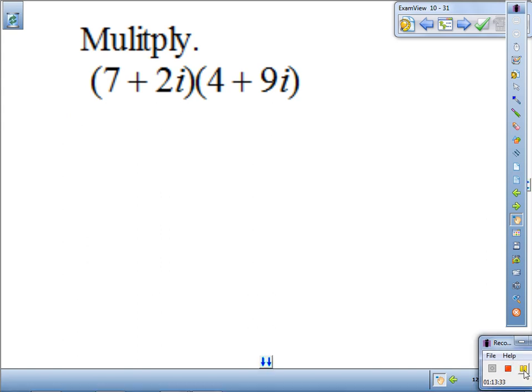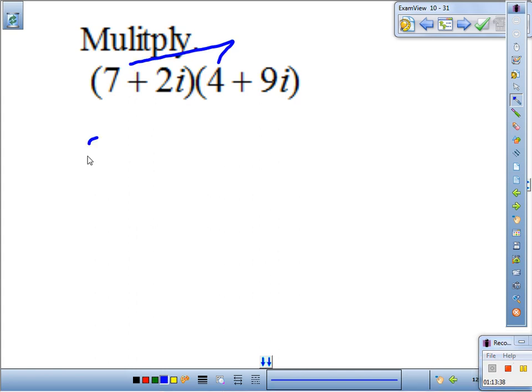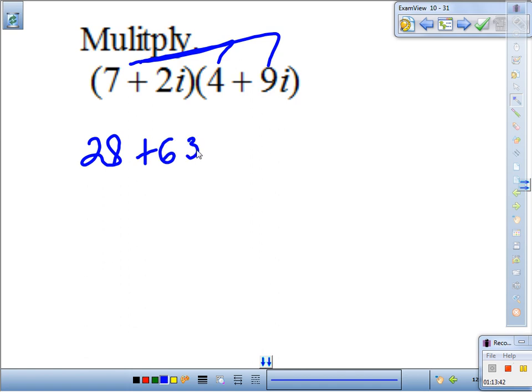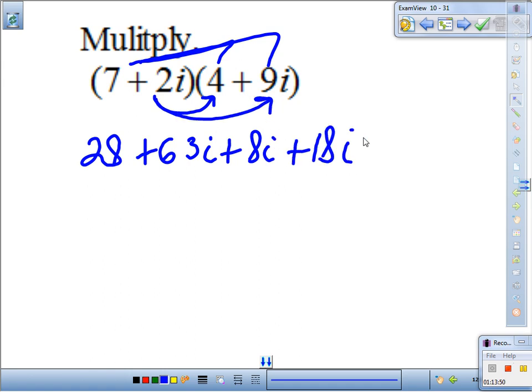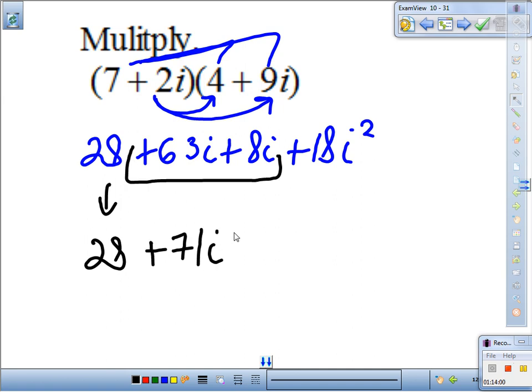You should have multiplied already and simplified. 7 times 4, that's 28. 7 times 9i, that's positive 63i. 2i times 4, that's 8i. 2i times 9i, that's positive 18i squared. Combine like terms. 28, and this becomes positive 71i.